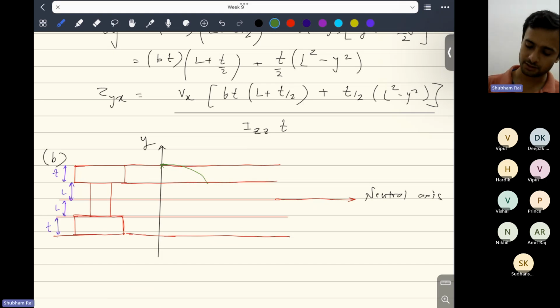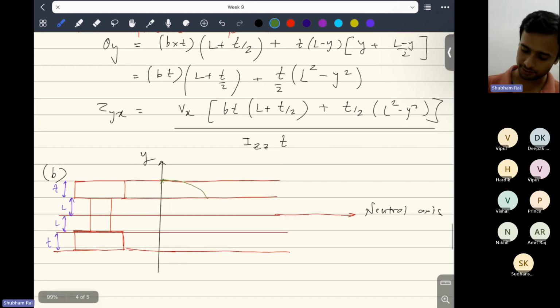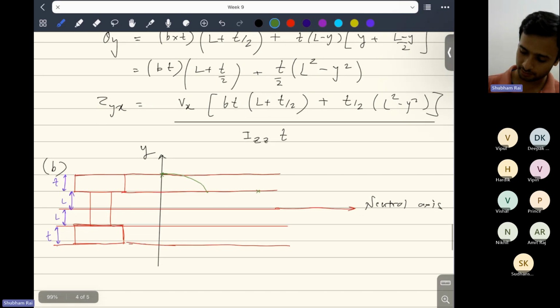And then on the flange, it will suddenly increase, but it is increasing because the area of the flange is less.